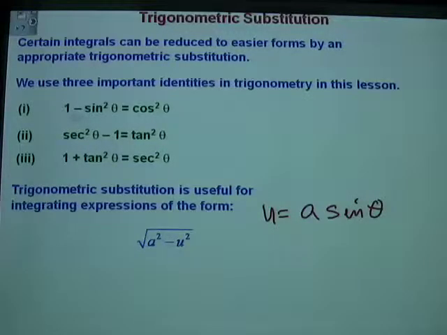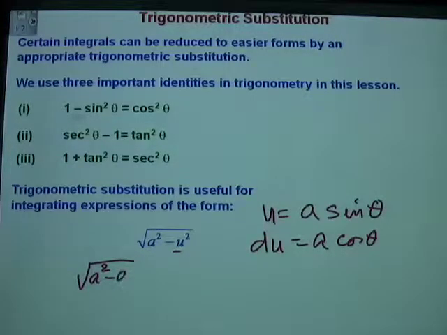Now, what is du equal to? du equal to a cos theta. When you replace your u by a sine theta, the quantity a squared minus u squared becomes a squared minus a squared sine squared theta.